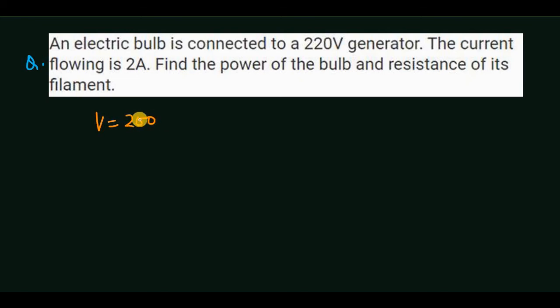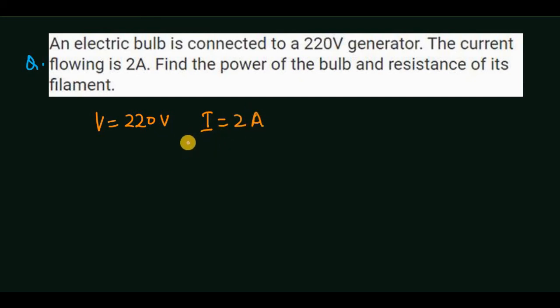The bulb is connected to a 220 volt generator, V equals 220 volt. The current flowing is 2 ampere, I equals 2 ampere.